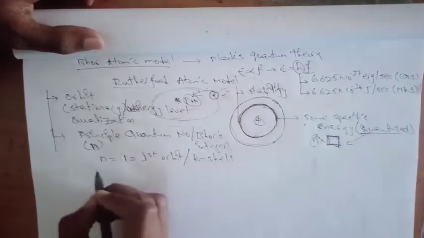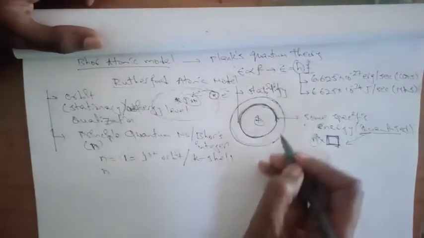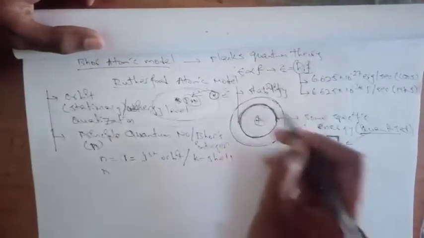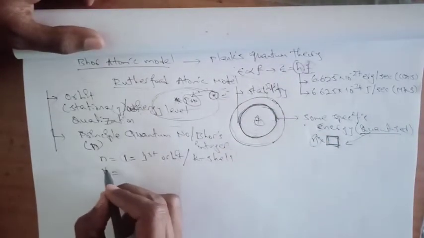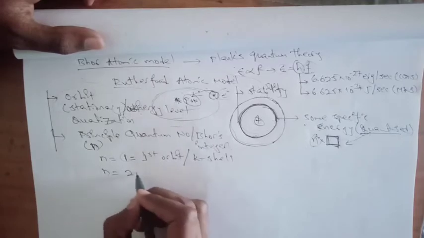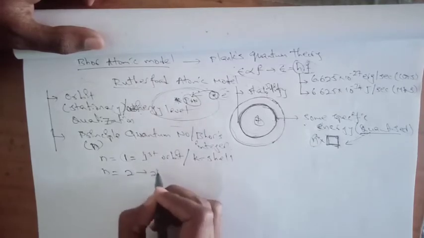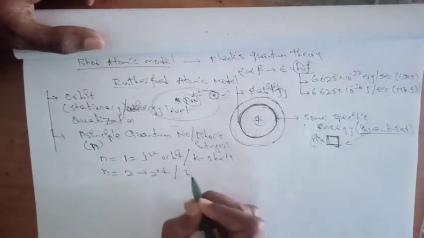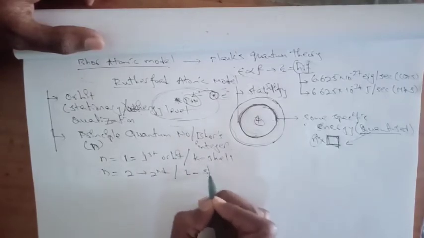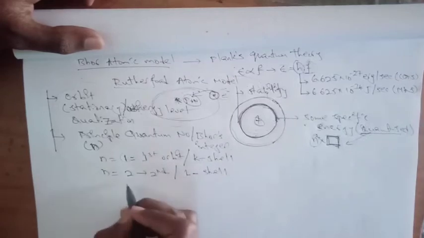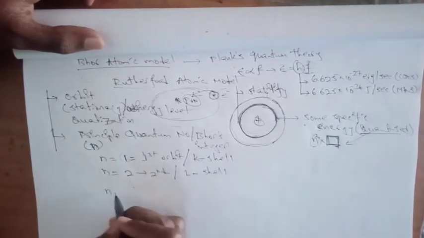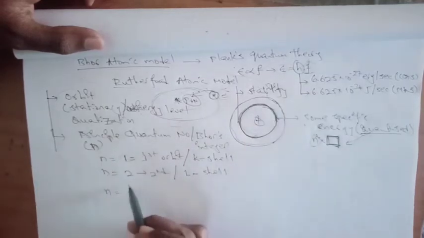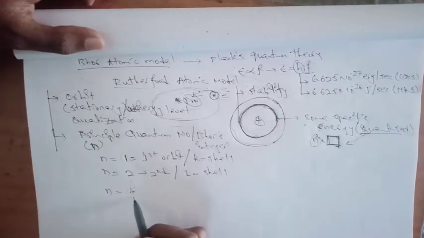If the orbit is the second orbit, then the quantum number becomes 2, and the shell is the L shell. Like that, if the orbit becomes the fourth orbit, then the principal quantum number becomes 4.